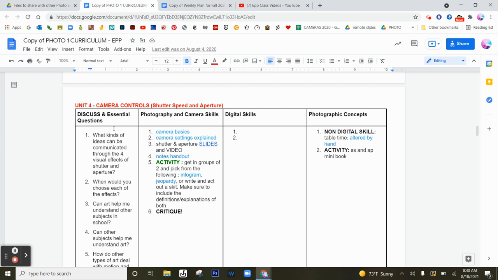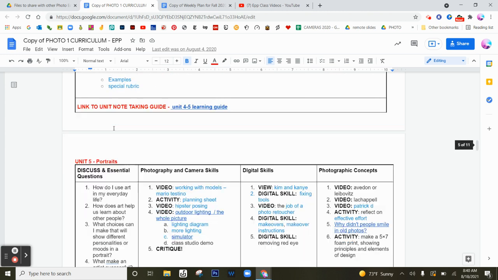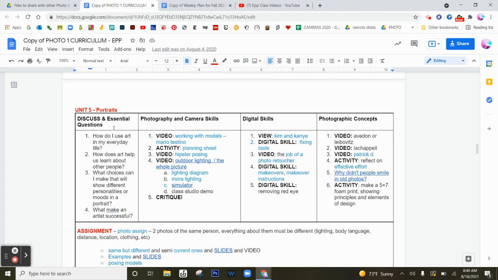Then we learn shutter speed and aperture. And then after that, they do portraits. That's actually starting to think about, how can I use these skills I've learned before? How can I use shallow depth of field, and why would I want to use it this way? How can I incorporate line and shape and texture?